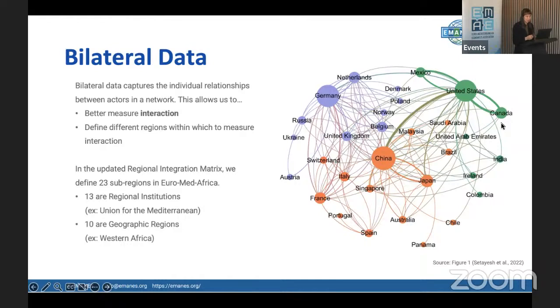We kept the Union for the Mediterranean in there, but we also added the European Union and the League of Arab States, different organizations within the regions. And then we also use geographic regions, which best represent a country's local area. Those are defined by the UN GeoScheme.